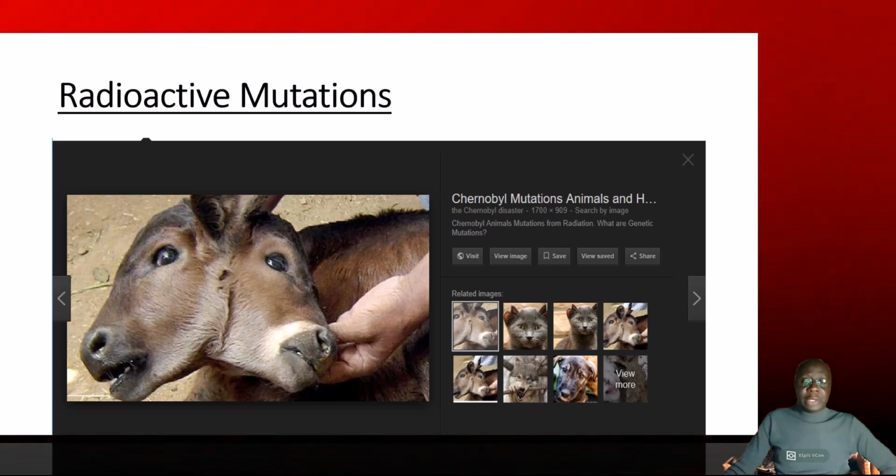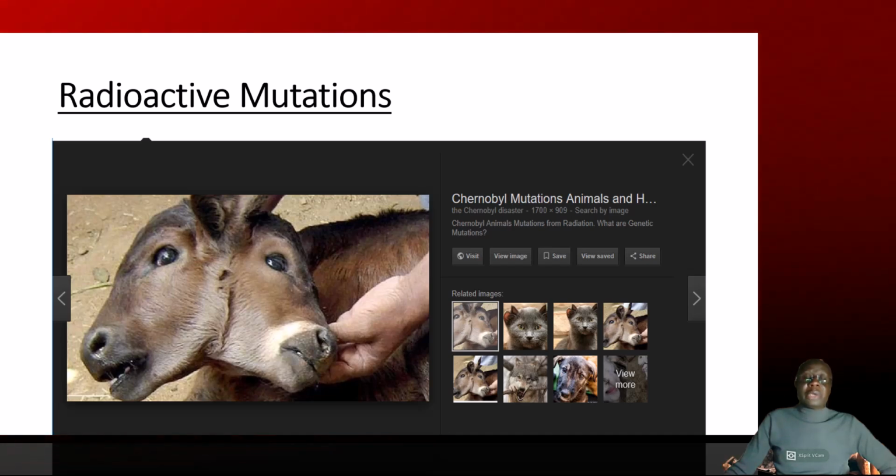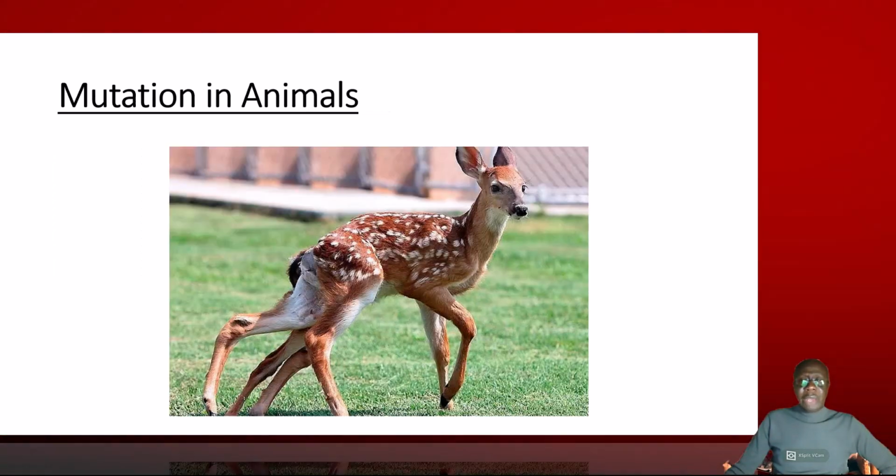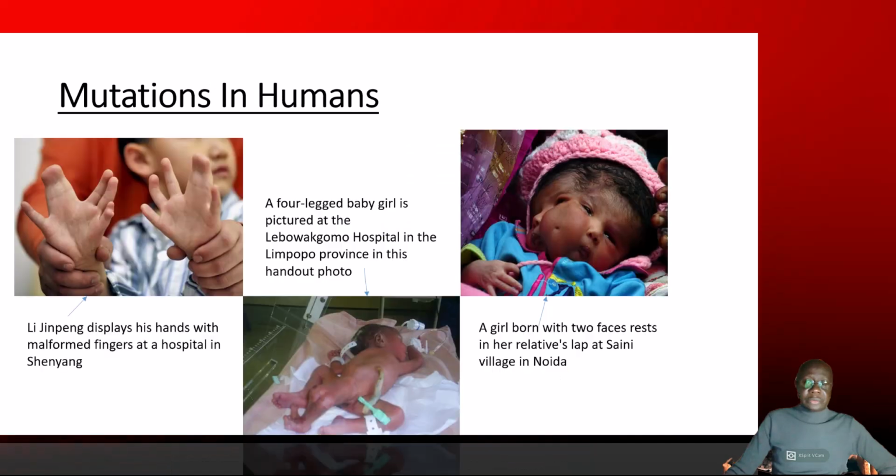And when this animal was in its mother's womb, there were changes in the DNA that gave rise to this mutation. So it became two-headed. Now this is also another one. It's also a mutation in animals, and this was also in the Chernobyl area. So this is what radioactive mutation can cause.